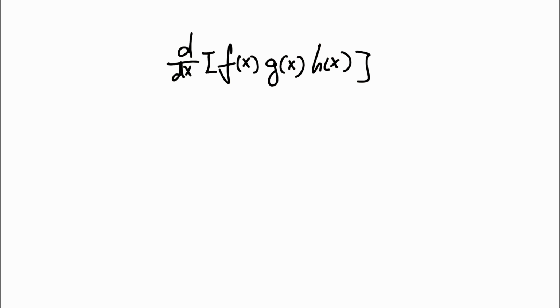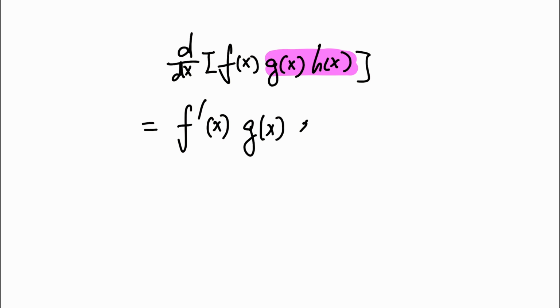Obviously we're going to use the product rule. For the first product rule, we can see h of x and g of x as one function and differentiate using the product rule on top of that. So that is just going to be equal to the derivative of f of x times g of x times h of x.